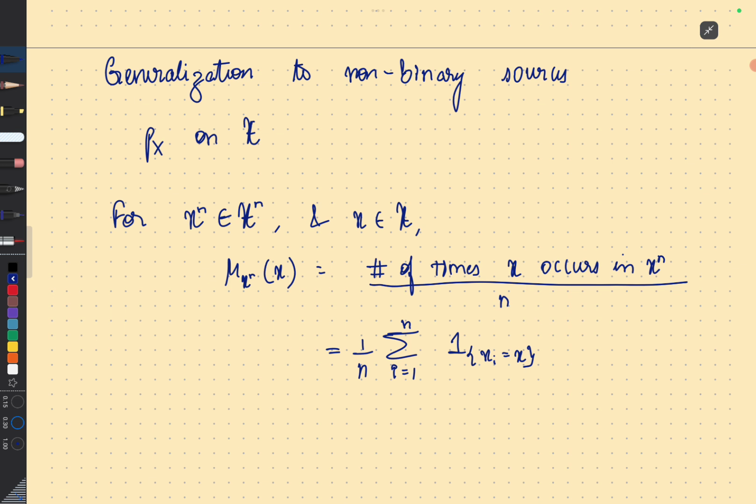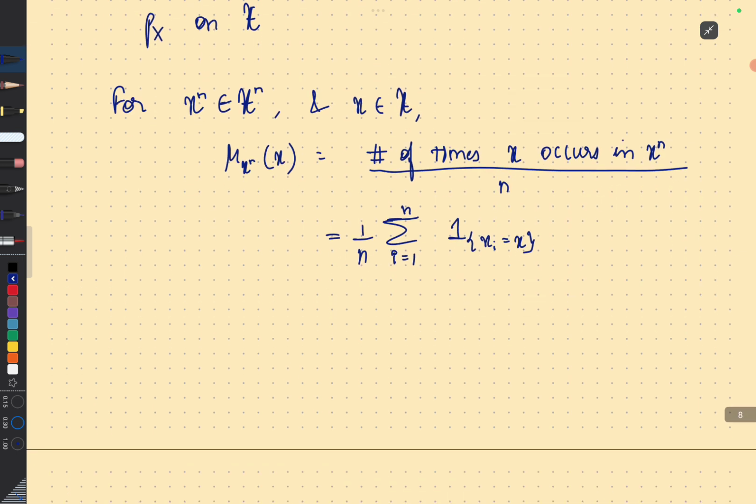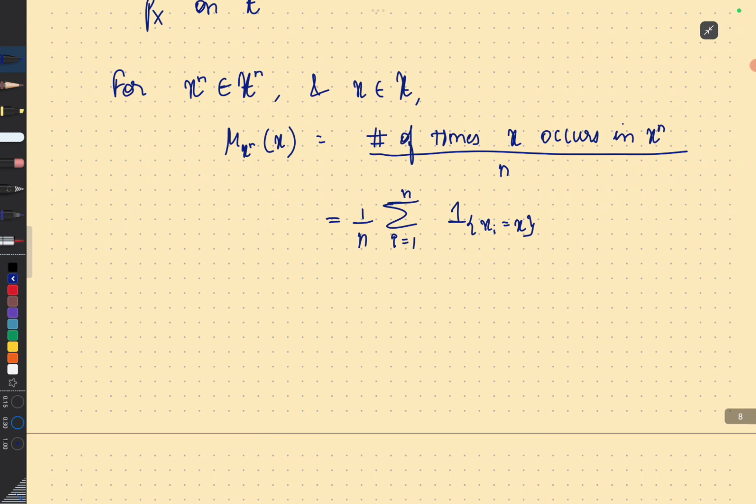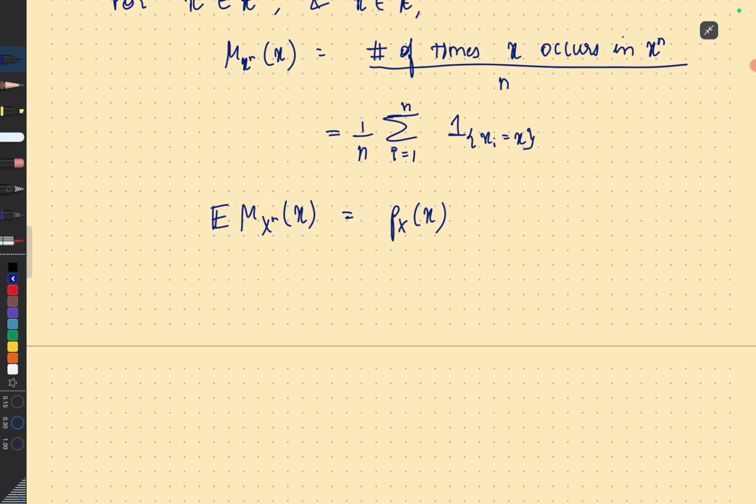Okay, so just some notation. Mu xn of x is the fraction of times the symbol x occurs in the sequence xn. Now, what can you say about the expectation of mu xn of x for an IID sequence, or in any stationary sequence xn? This would be Px of x.